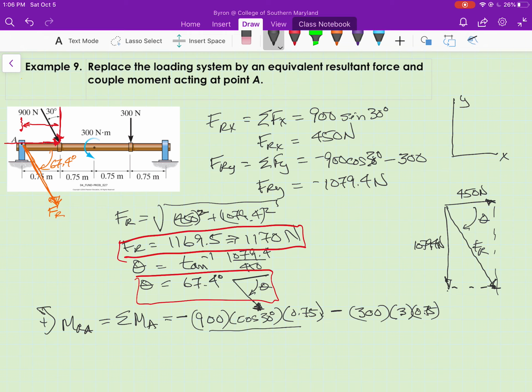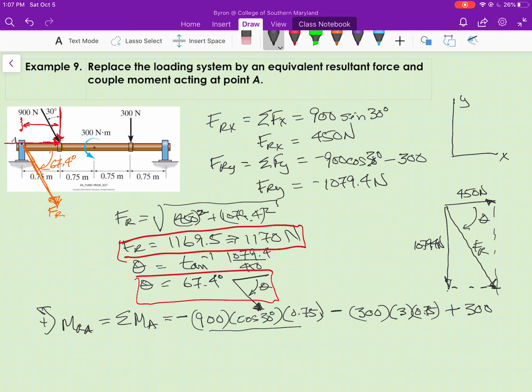And now we have to account for the free moment of 300 Newton meters. As we talked about in the lecture, we can move a free moment anywhere without having to account for the distance or anything. But we do need to know what direction that moment is acting in to know whether to add it or subtract it here. It's acting counterclockwise, so we're going to add that 300 Newton meters.